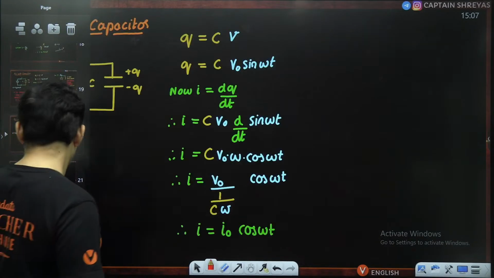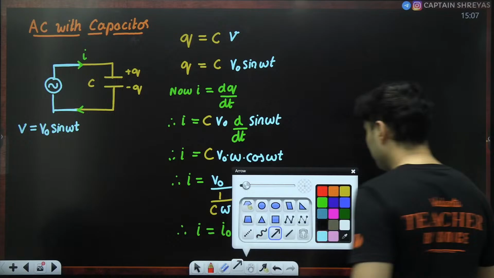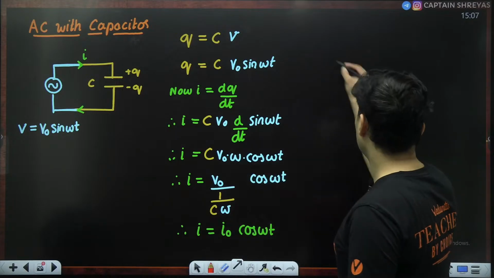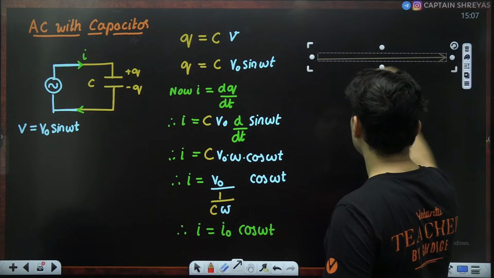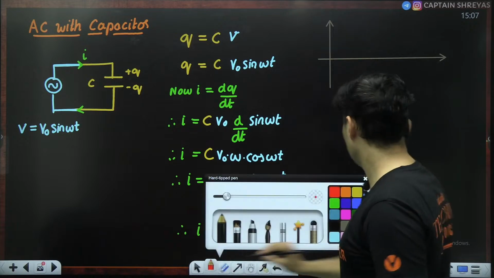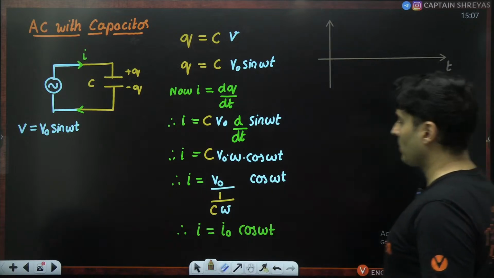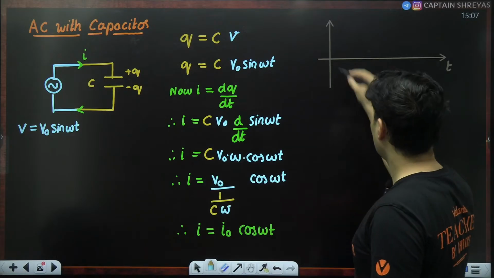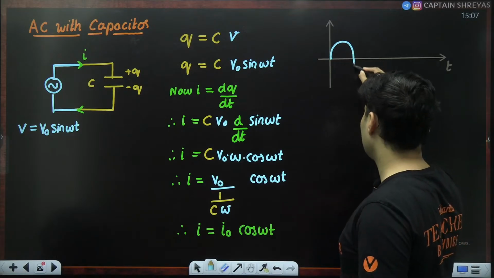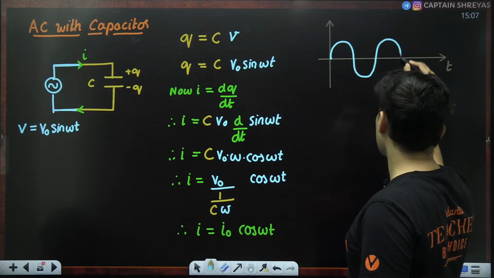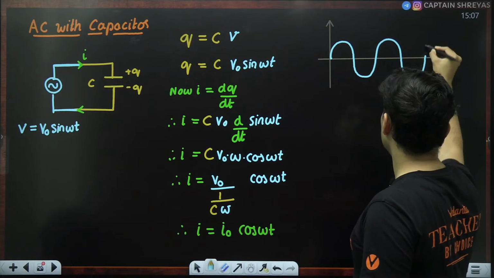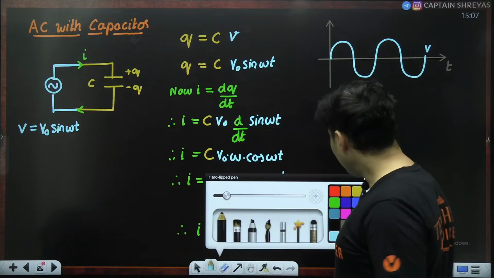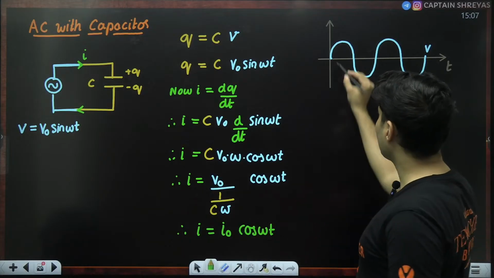Similarly, now, if I draw the graph versus time for current and voltage, the voltage graph is a sine graph. This is voltage. The current graph is a cos graph.